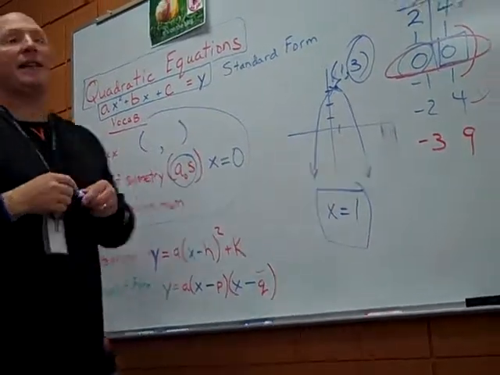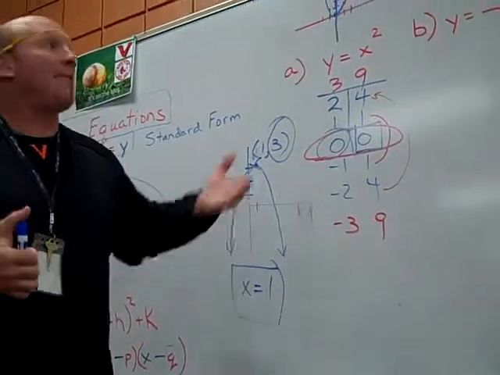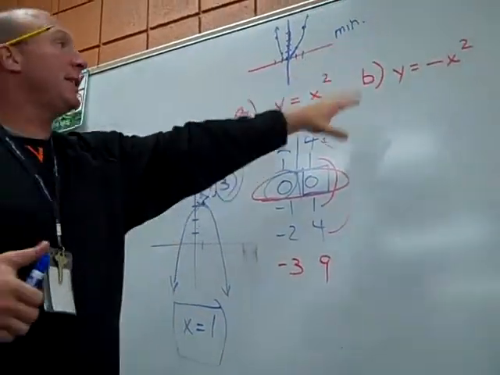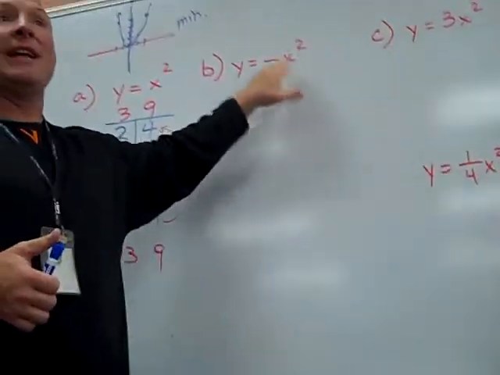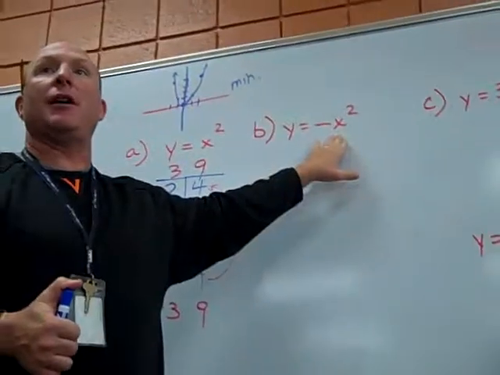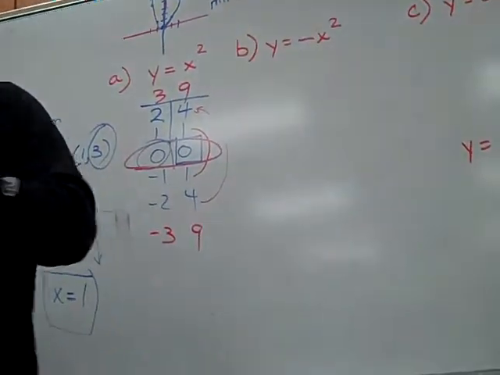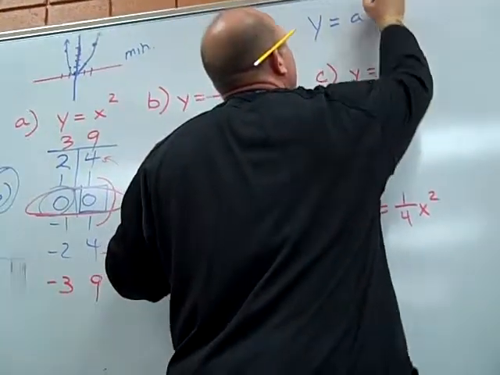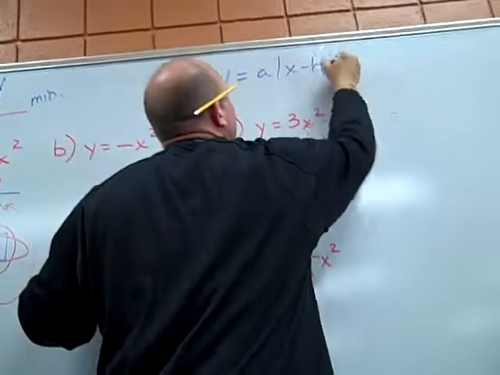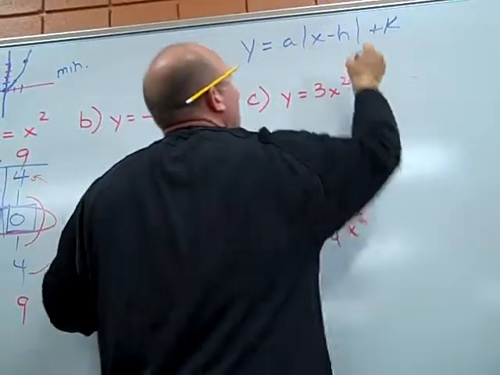Now, let's identify what's going to happen when we start making changes to our quadratic equation. Is this a quadratic equation, yes or no? Yes, absolutely. Now, you remember with absolute value, we had this form. And what was this?